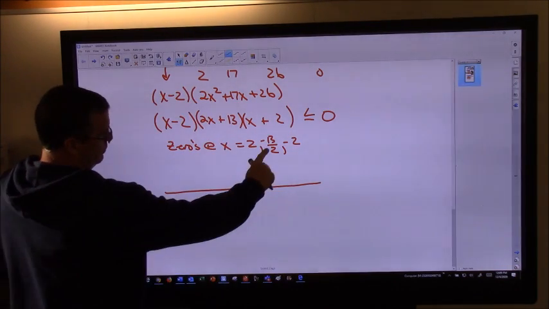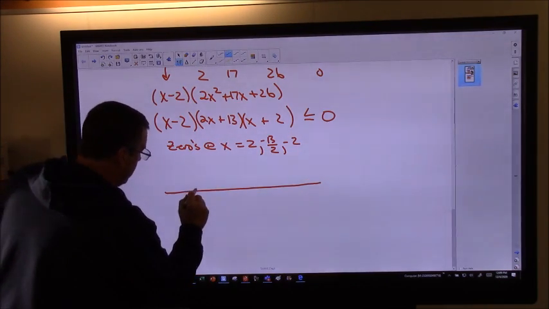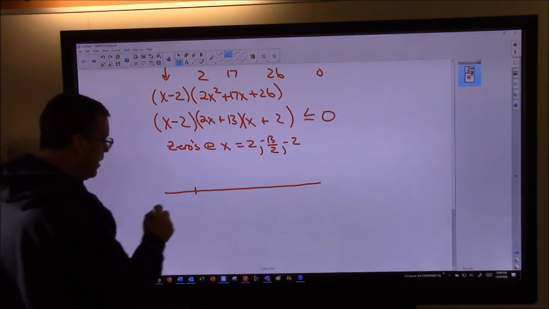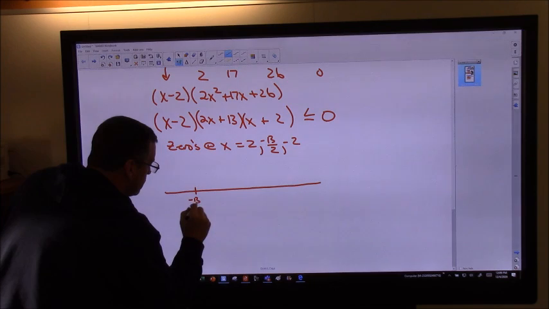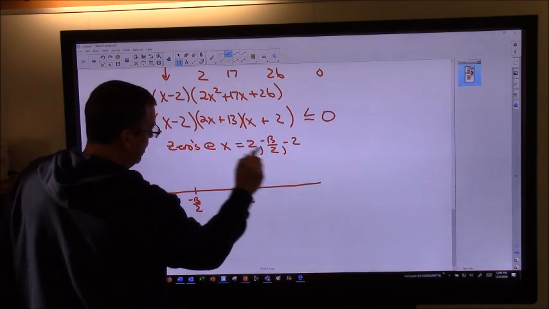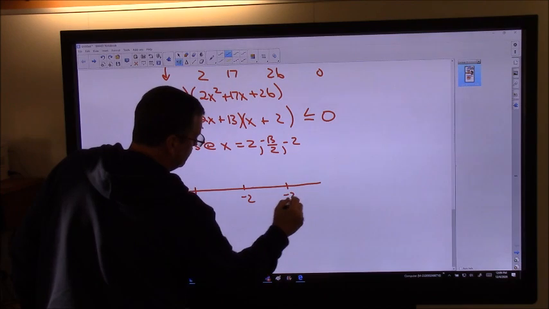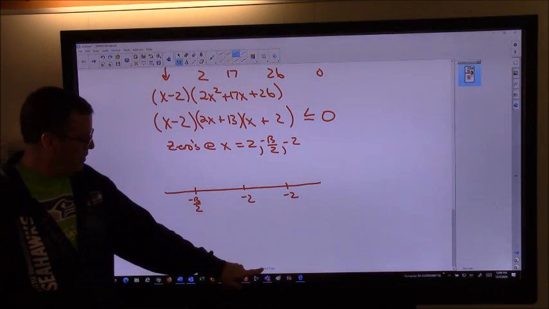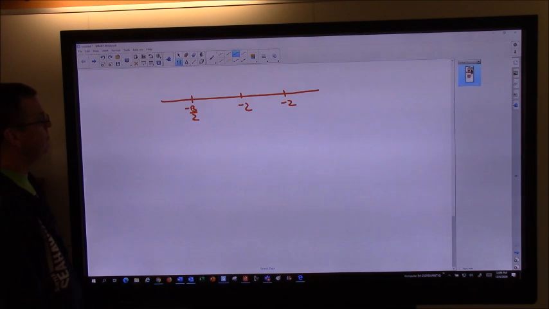So let's see, this is really a negative 6.5. So we can write it that way if we want, or you can leave it as 13 halves. Then I would hit negative 2, and positive 2, that would be the largest number. So now I need to pick a test number inside each of these intervals.